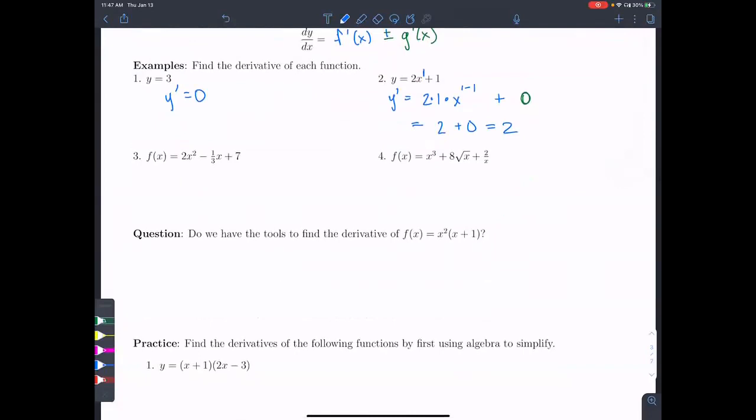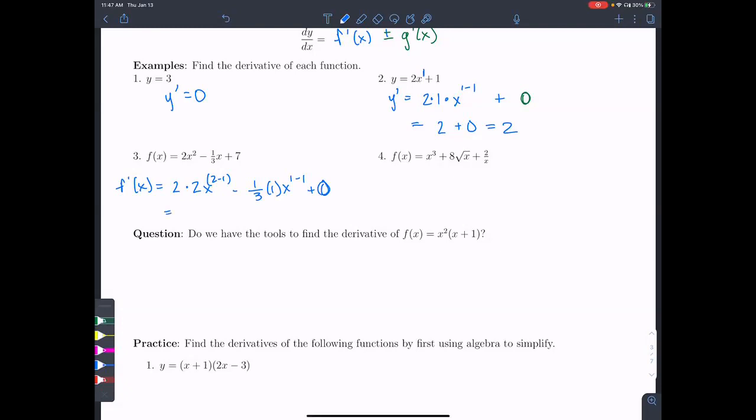All right, and on number 3, we actually have 3 functions, f, g, and h, say, but you can do the derivative of each one of those separate from the other. So f prime of x is going to be 2 times exponent down front, decrease it by 1, minus exponent down front, decrease it by 1, plus 0, because that's the derivative of that constant, 7.